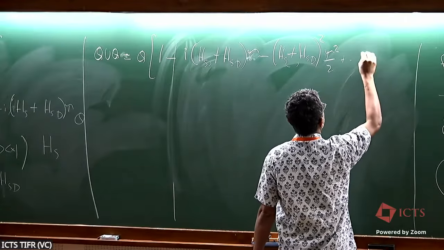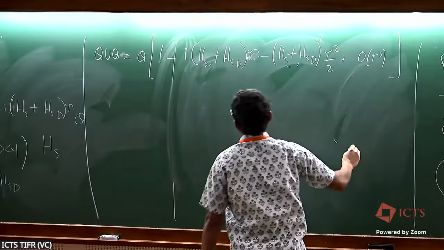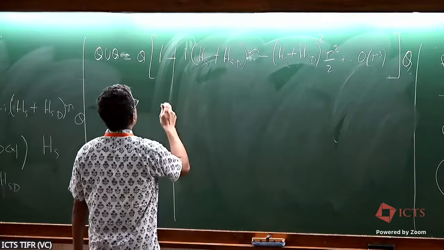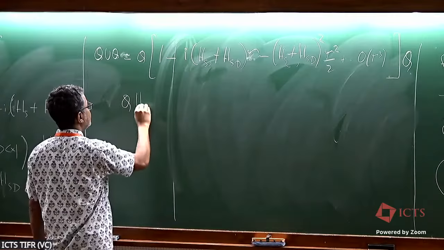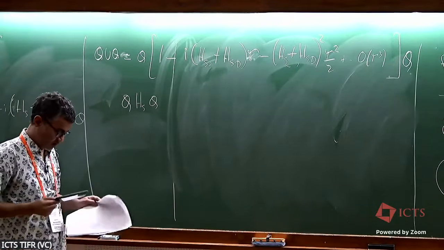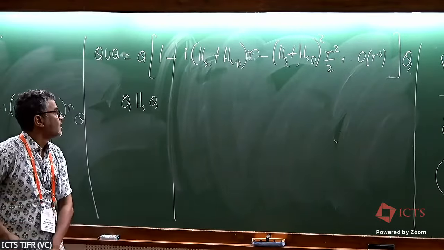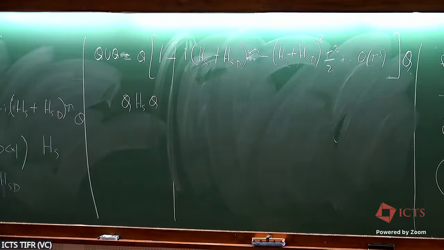Okay, so then the order tau cube terms, and then Q here. Now basically what we'll see is, if you look at Q, Q has stuff only in this part, right?